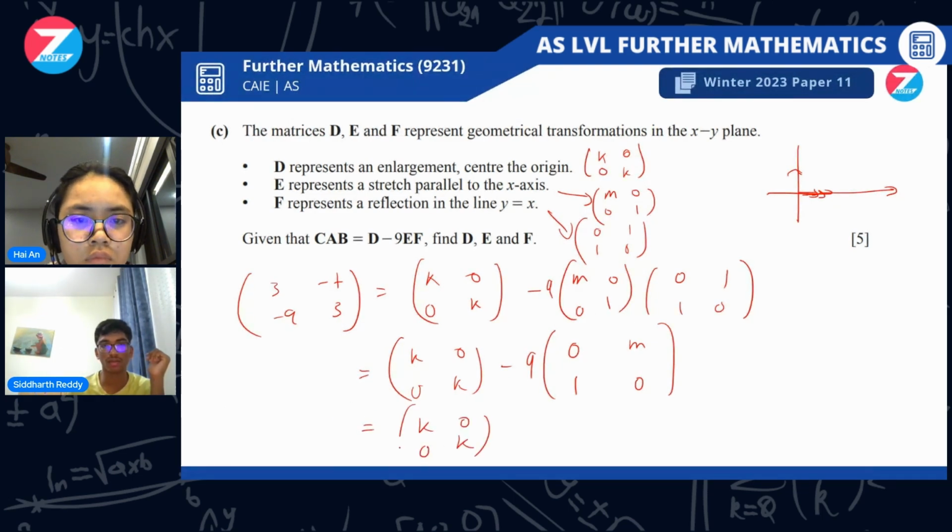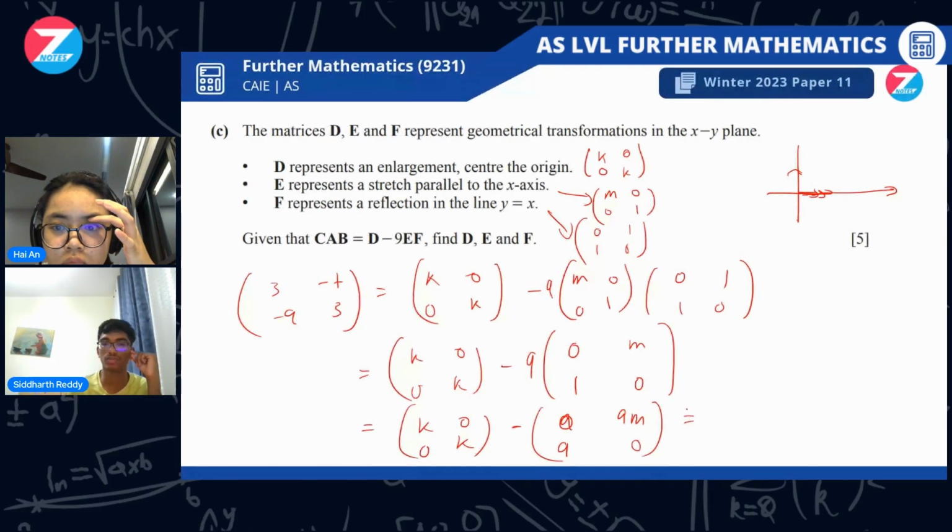So this is going to be k, 0, 0, k minus 0, 9m, 9, 0. So we're going to get k minus 0 is k, 0 minus 9m is going to be minus 9m, 0 minus 9 is going to be minus 9, and k minus 0 is going to be k.